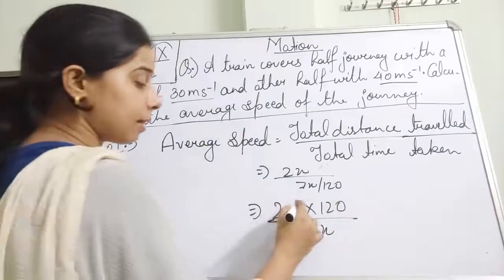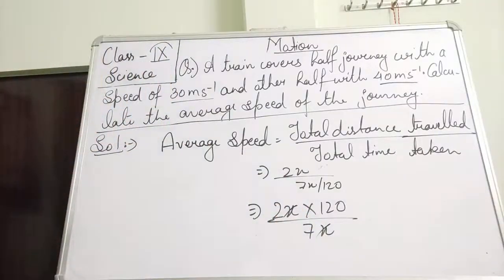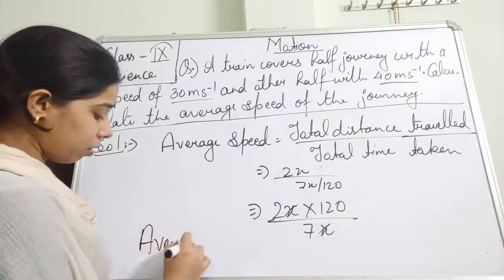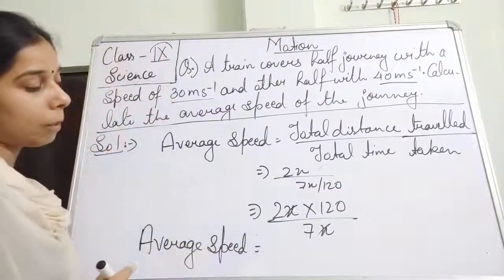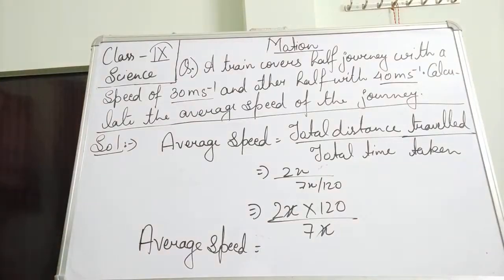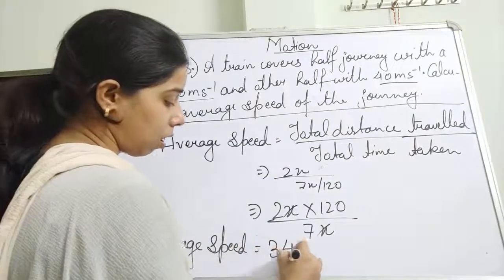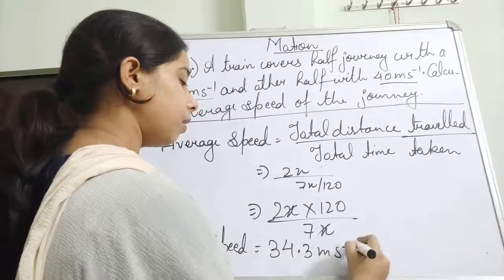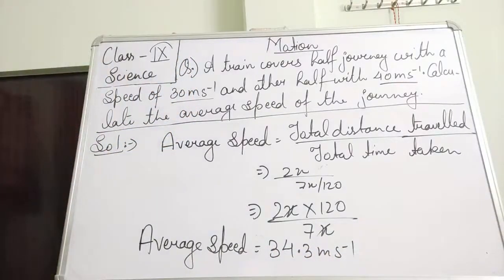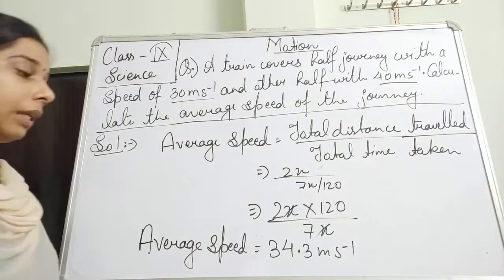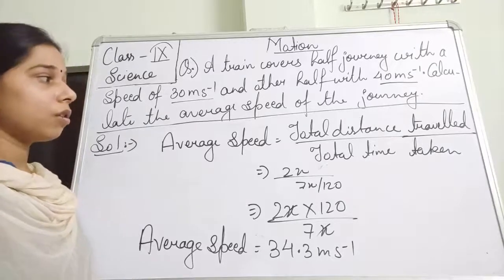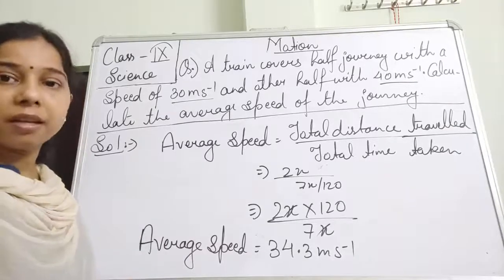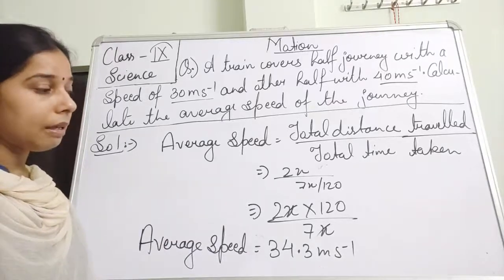This x and this x will cancel each other, and finally we get the average speed equal to 34.3 meter per second. So the average speed of the entire journey is 34.3 meter per second.